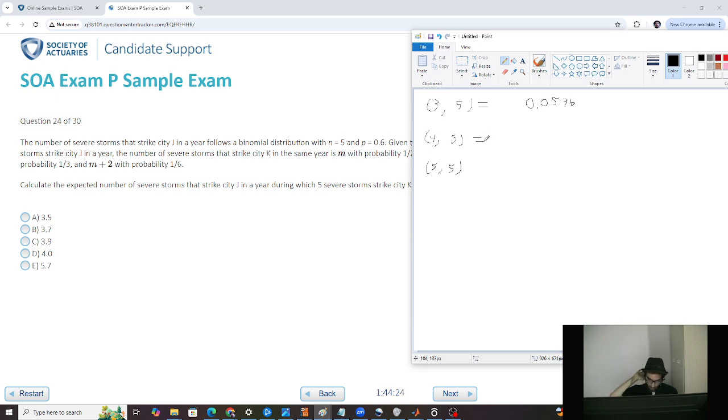Four hit J, 5 hit K. All right, that's going to be 5 times 0.6 to the fourth times 0.4 to the 1, right?